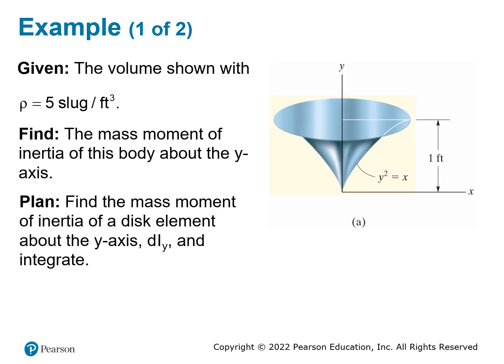Now let's look at an example here. This example is given with a volume like this one here, and it has a rho. This rho is the density. So the density of this volume is equal to 5 slug divided by feet cubed. Slug is the mass, so density is the mass divided by volume. So this is the rho of this shape.